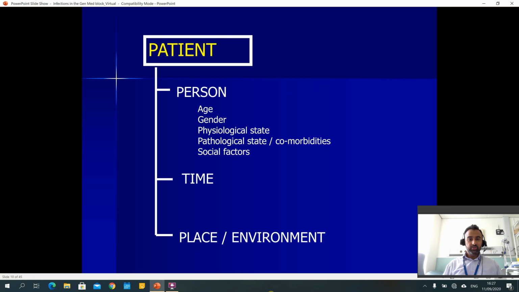So although age shouldn't be a factor on its own, we know that immunity does wane with older age, and so certain infections are much more relevant in the older population, and they may lead to more severe infection. So we know that, for instance, with COVID-19 causing more severe disease in patients who are older than, let's say, 60.